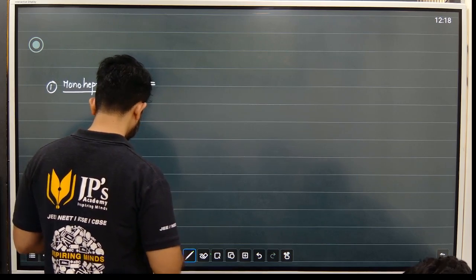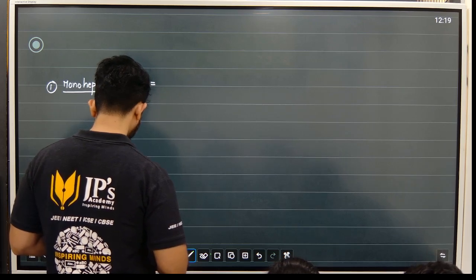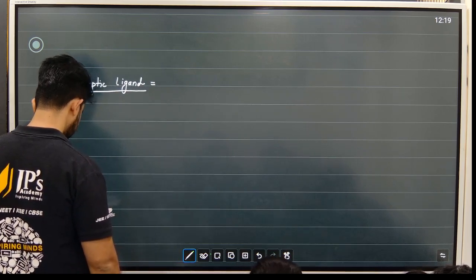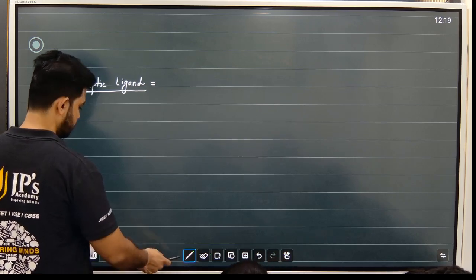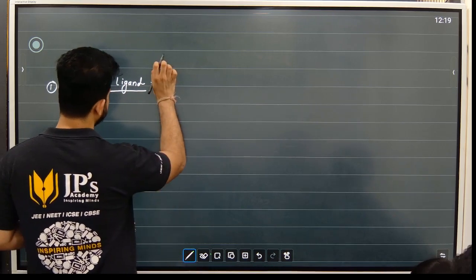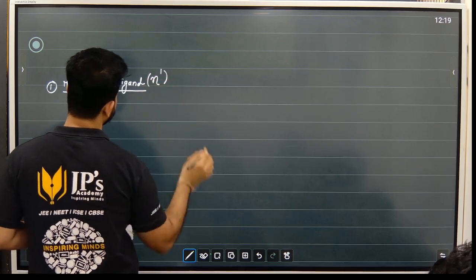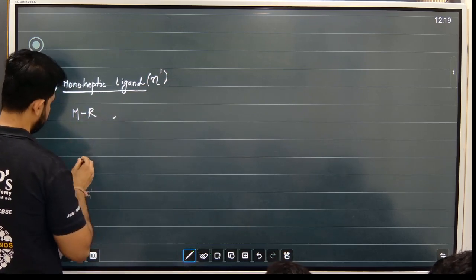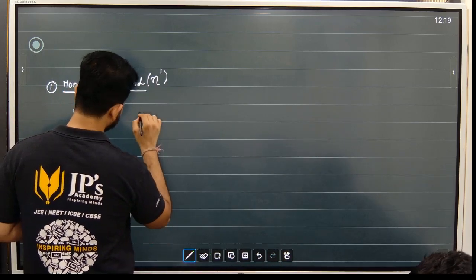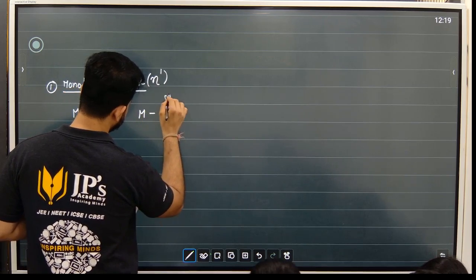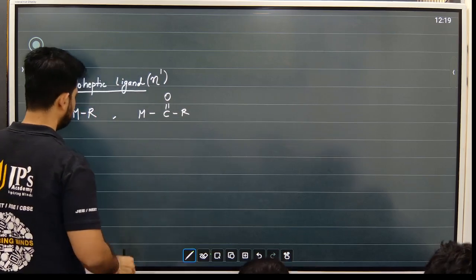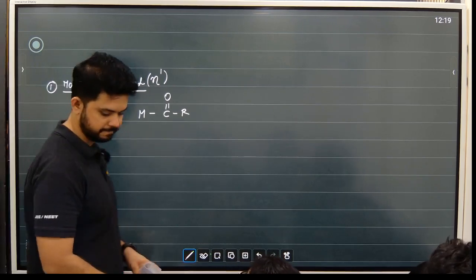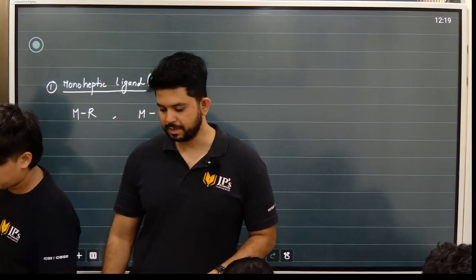Write down the first one, monohaptic ligand. For example, copy the example, people.